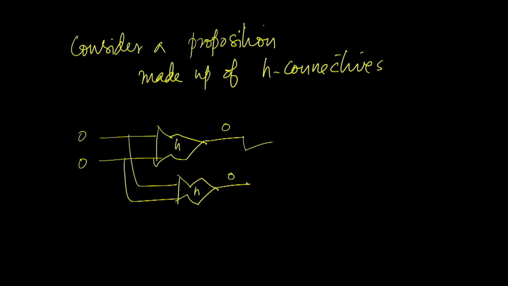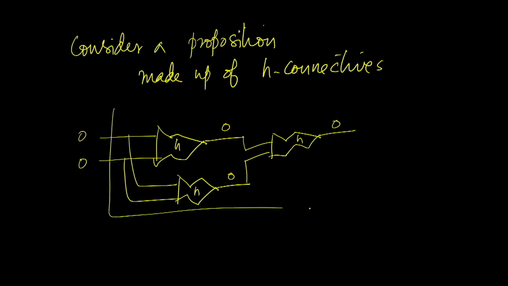And then we might combine these zeros to produce further signals using more h connectives. They will also keep producing 0. In other words, if you have a circuit made up of h gates in this manner, then every signal inside this will be a 0 if both the inputs are 0. So if both the inputs are 0, we will not be able to produce a 1 at the output.